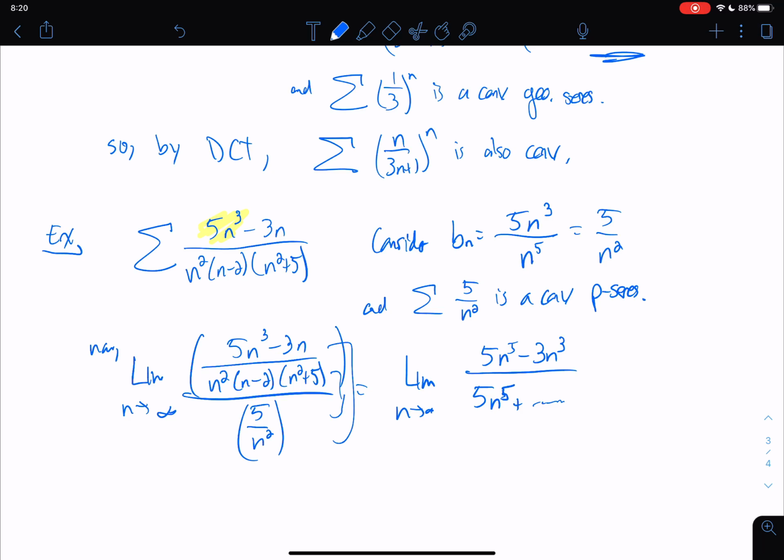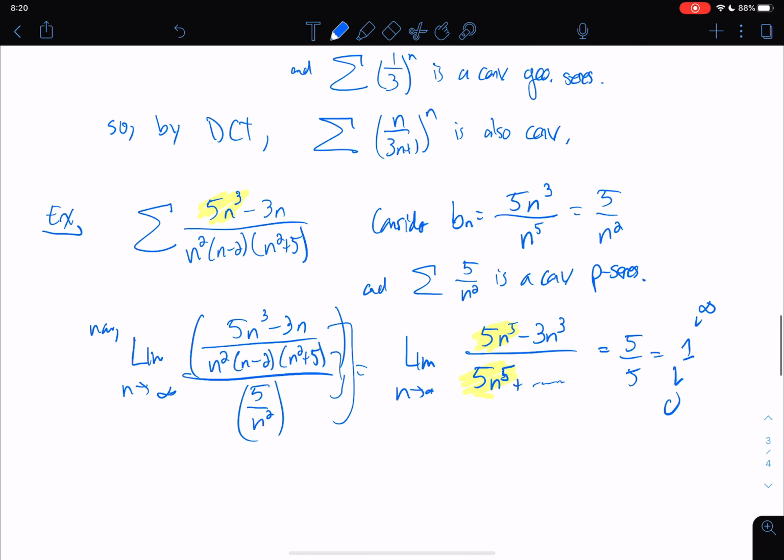And the point is, I don't care what those extra terms are, because the limit is completely dependent on the highest powered terms, which, as per usual here, is equal to 5 over 5, otherwise known as a 1, which is both non-zero and finite. So by the limit comparison test, the sum of the a sub n is also convergent.